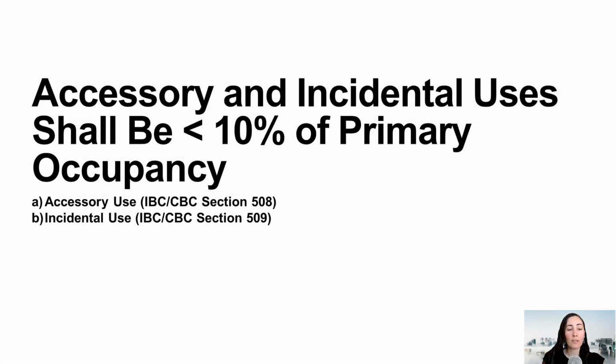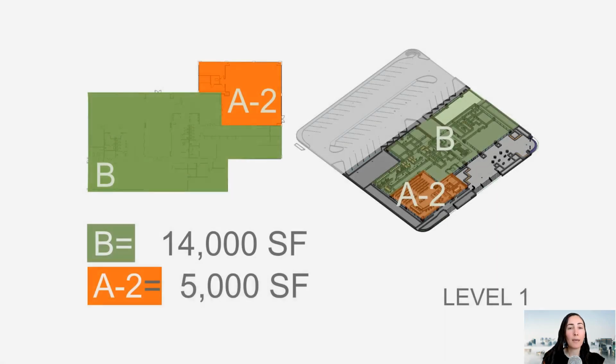The aggregate areas of either an accessory or an incidental use must be limited to 10% for you to even call it an accessory or an incidental use of that building area. In our example here, let's clarify. We have a greater than 10% A2 occupancy because 10% of 19,000 square feet is 1,900, and the A2 is currently 5,000 square feet.